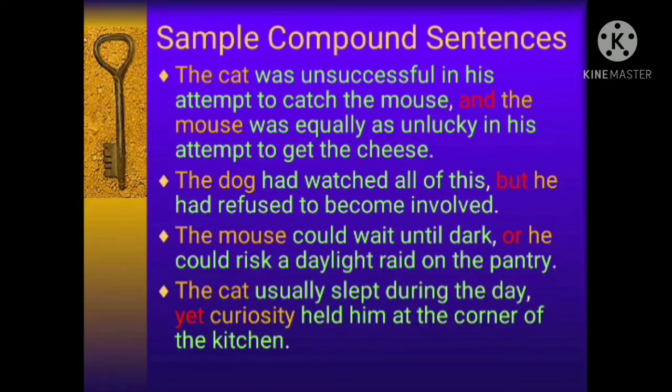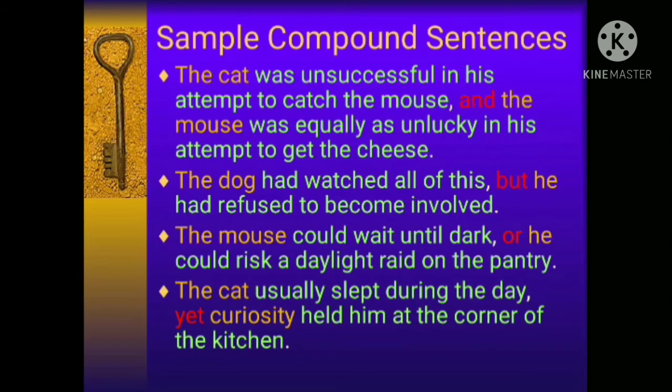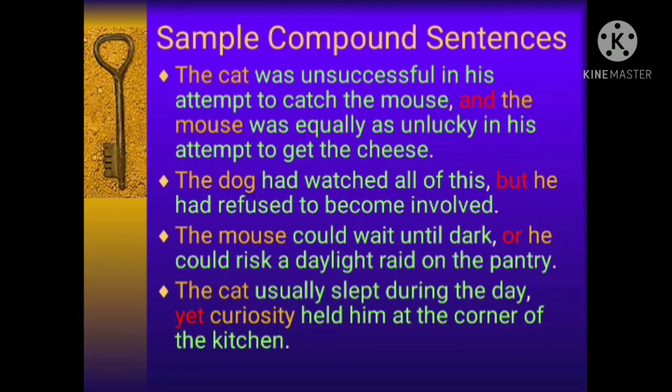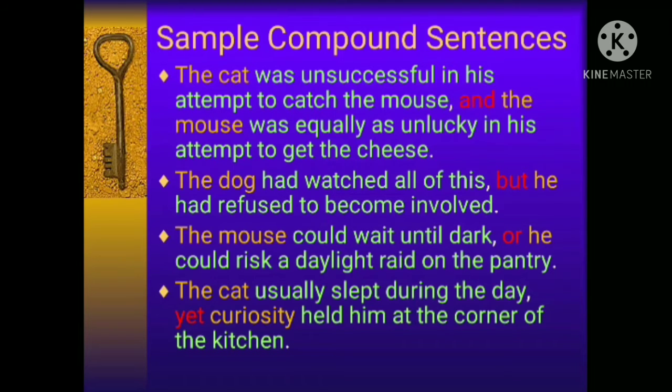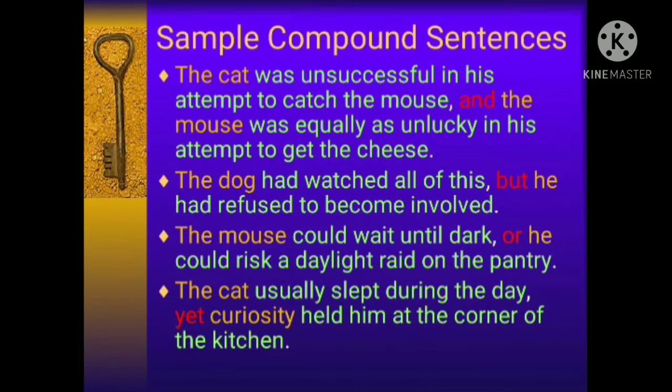Here are some examples for you. The cat was unsuccessful in his attempt to catch the mouse, and the mouse was equally unlucky in his attempt to get the cheese. Another example: the dog had watched all of this, but he had refused to become involved. I like books, she likes movies.